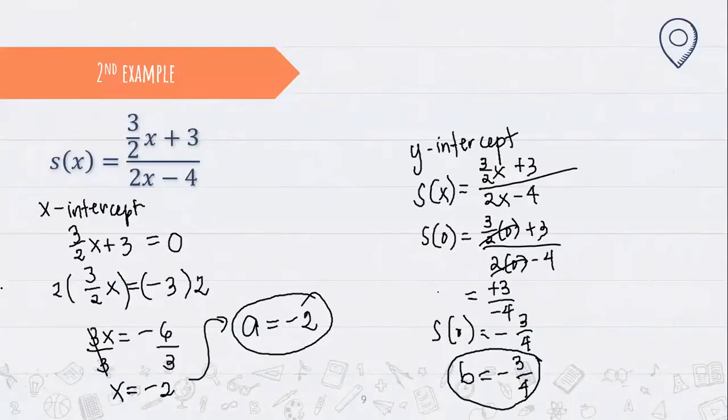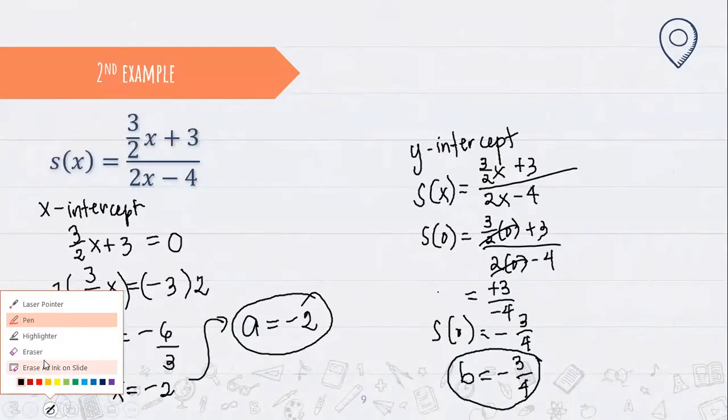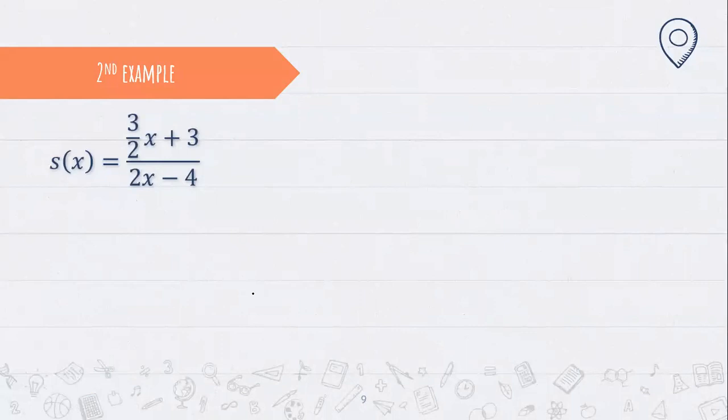Sige, second example tayo. Okay. So we have here s of x is equal to 3 over 2x plus 3 over 2x minus 4. As I've said kanina, this is already simplified. So getting the vertical asymptote.